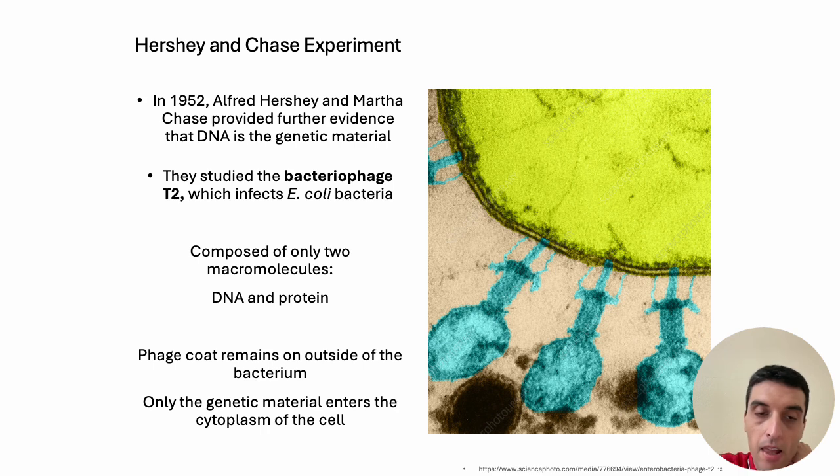And they thought, well, we can radio label the protein and the DNA of bacteriophages and see if these phages can transmit DNA from one strain of bacteria to another strain of bacteria.